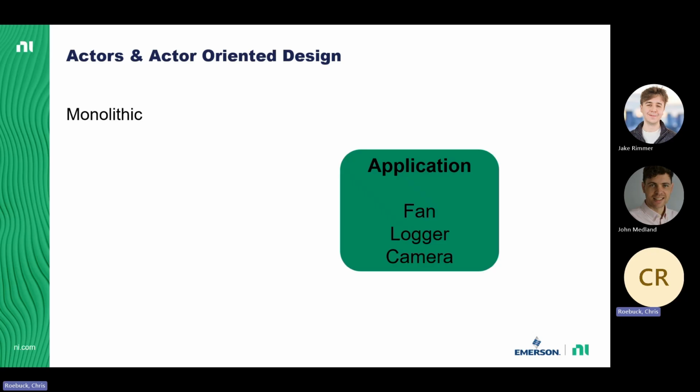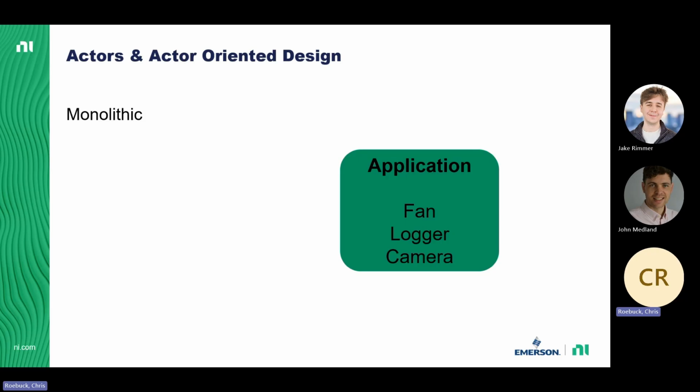So actors, why? Hopefully everybody in the room is reasonably familiar with software engineering practices and understands that large monolithic applications are not really what we want to be building in 2026. If I take an example application, maybe it controls some kind of fan. Maybe it's a wind tunnel acquisition system.